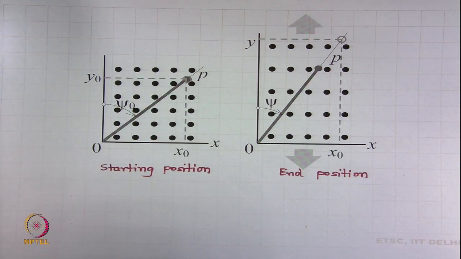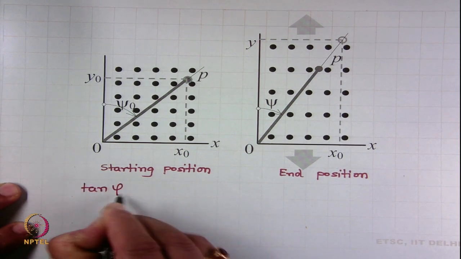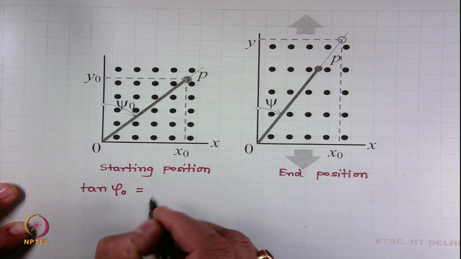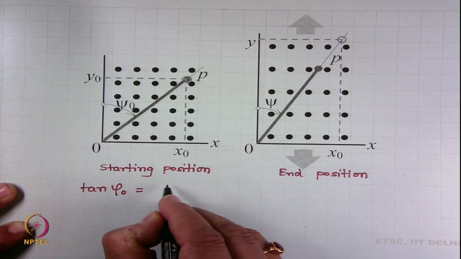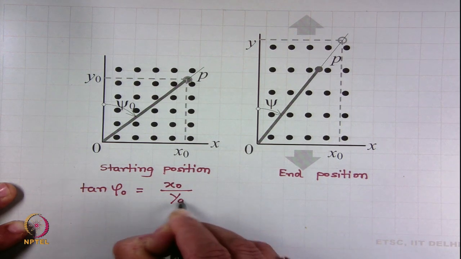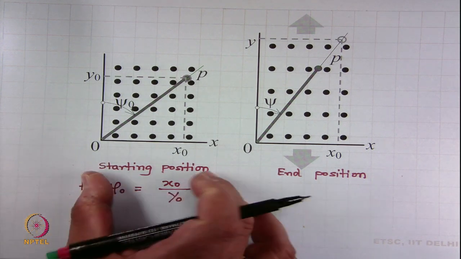So, the tangent of this angle is equal to x naught by y naught. This is the starting position.